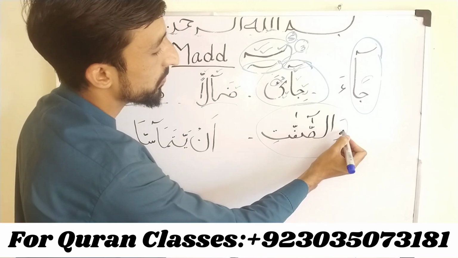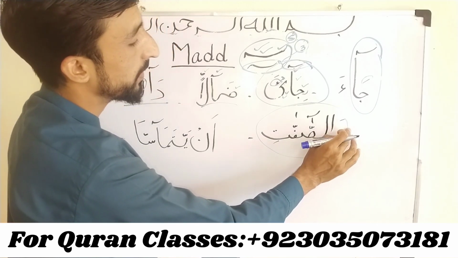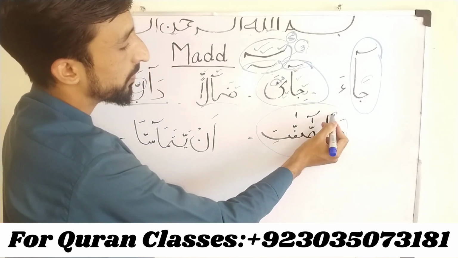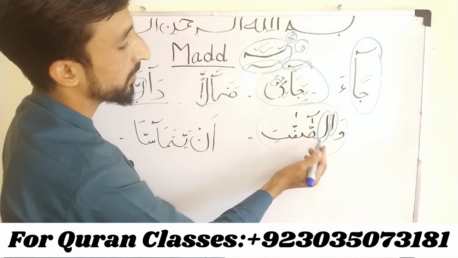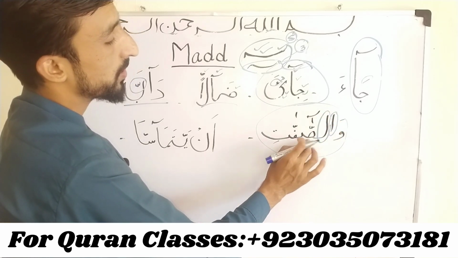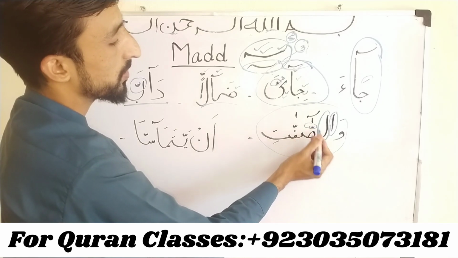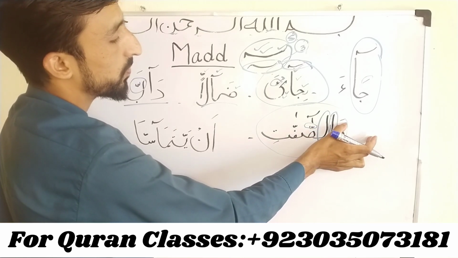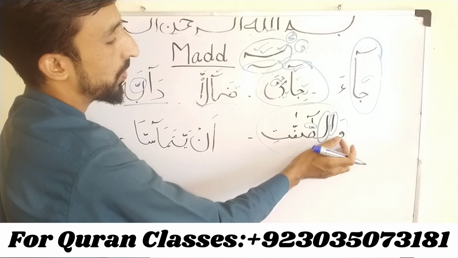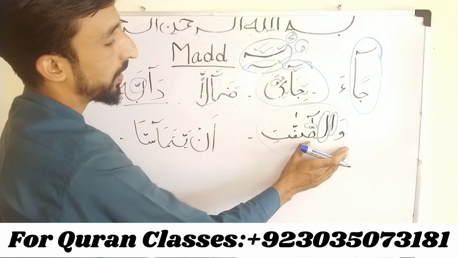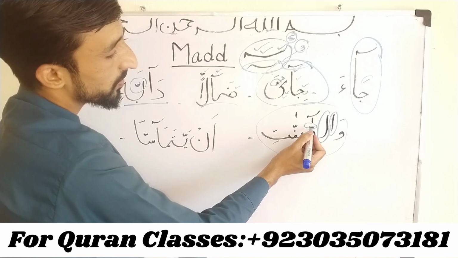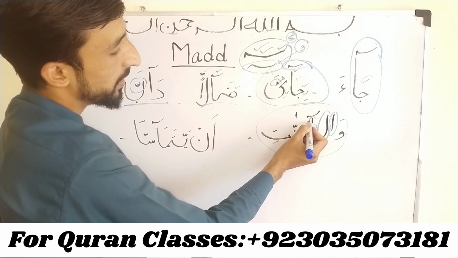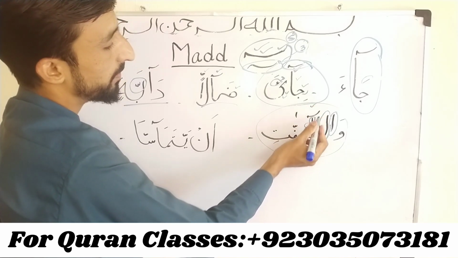In this word, the first letter is waw. Waw has a sign of fatha. After the waw is an alif. Alif has no sign. Then lam has no sign. Then next is swad, and swad has a sign of tashdid. So we combine waw with swad: wa, swad, fatha, was, and then swad has a vertical sign, and again a sign of mad.